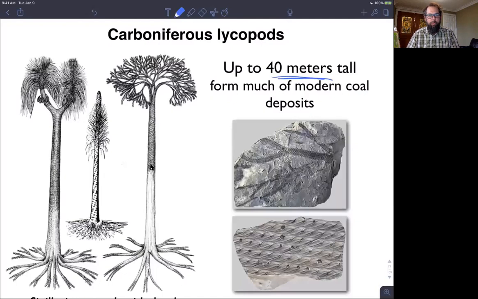All those modern coal deposits are from these. So here are some artistic renderings from fossils found throughout the world, showing these very tree-formed arborescent lycopods. Super cool. I wish I could have seen these growing. These are awesome.